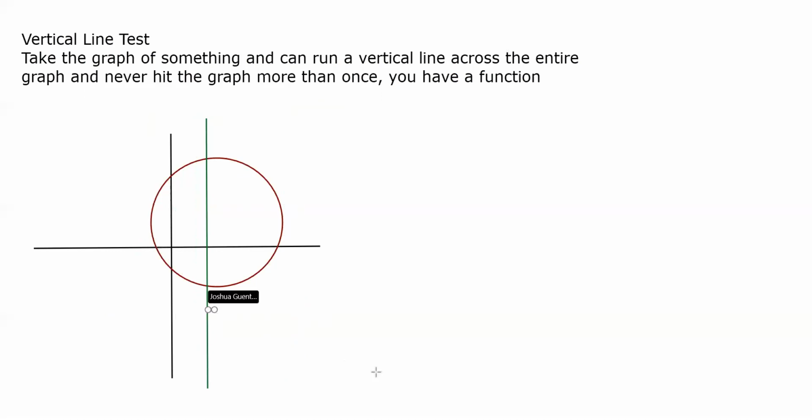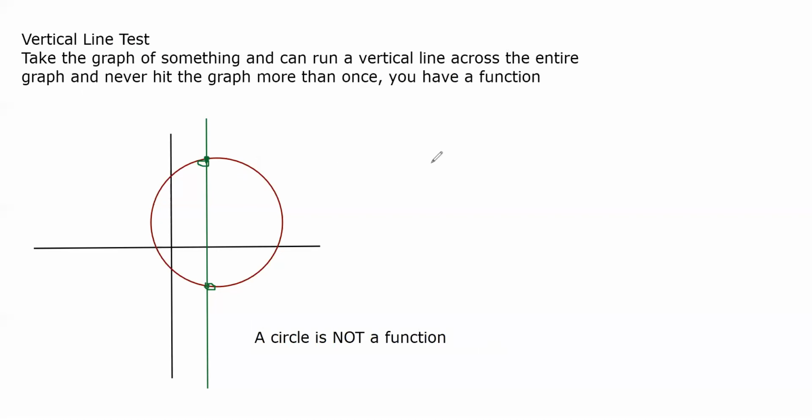But anywhere you move it, it's just a circle. Anywhere you move it, it's automatically going to be touching the graph twice. Anywhere you move the vertical line, it's going to touch the graph more than once. So no, a circle is not a function if you keep the whole circle.